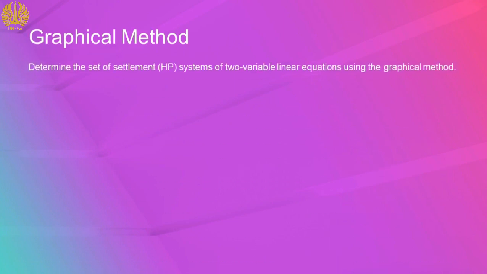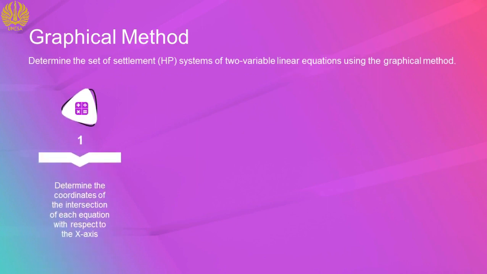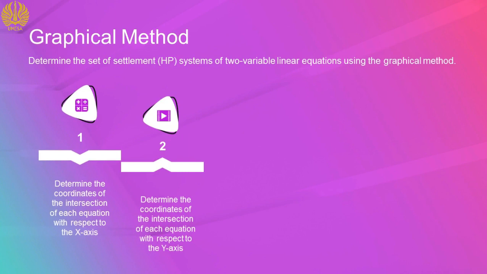So, in this case, we determine the set of settlement or HP of a two variable linear equation system using the graphical method. How to solve it? First, we must determine the coordinates of the intersection of each equation with respect to the x-axis. Second, determine the coordinates of the intersection of each equation with respect to the y-axis.